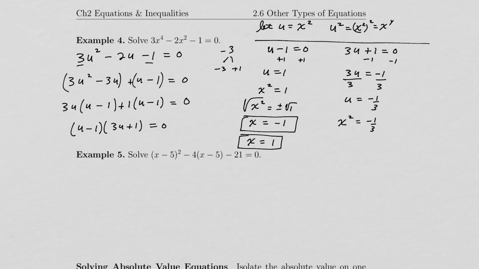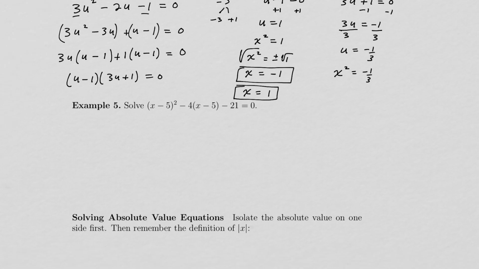Okay, and then the second one, if I use the square root property, I'm going to have to go a little lower here. Remember, I have plus or minus the square root of negative 1/3. So I'm going to get x equals, and then this is really plus or minus the square root of 1/3 times the square root of negative 1, right?